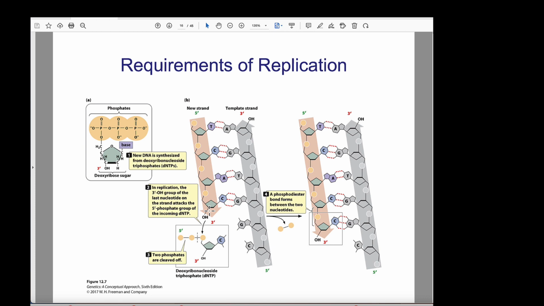Now there are a couple of requirements or things that have to occur. One, whatever base is added has to be complementary to the base that is on the template strand. In this case, on the template strand, the next base that is free is a guanine. That means a cytosine has to be added to the growing strand, because it has to be complementary to the template strand. Second, the initial bond that is formed between the growing strand and the new nucleotide is a phosphodiester bond, and it forms between the sugar and the phosphates.